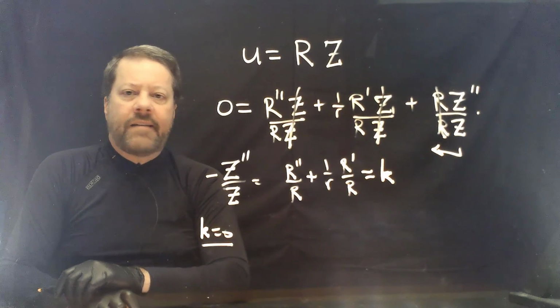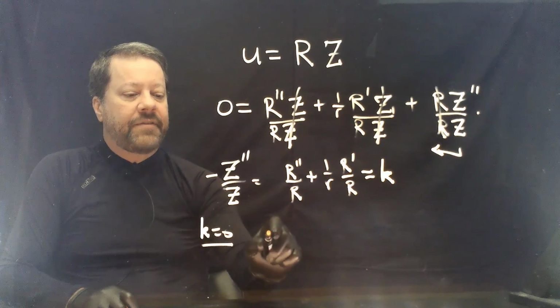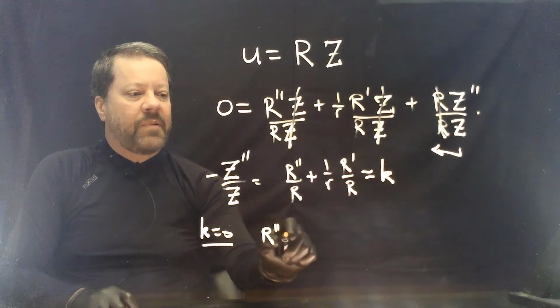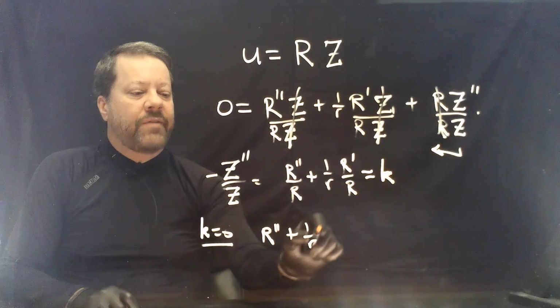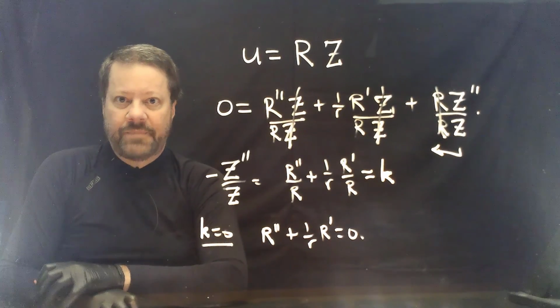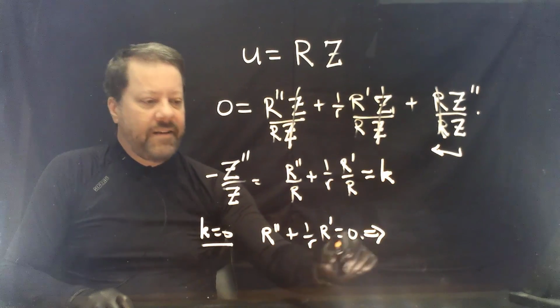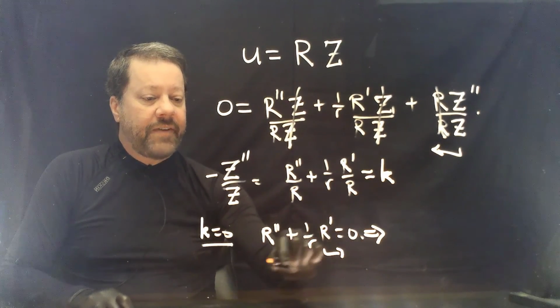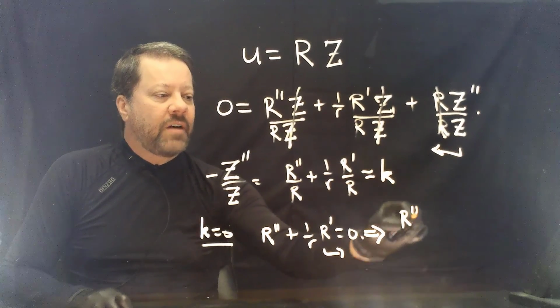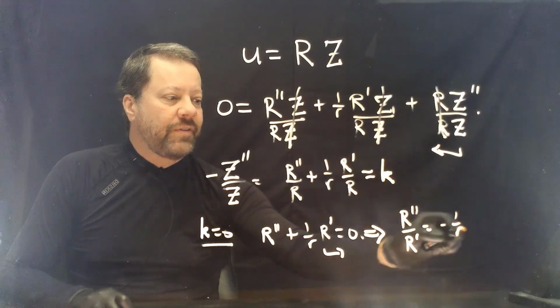You can see then that if k is equal to 0, then we'll have R'' plus 1 over r R' equals 0. If we move this term to the other side and divide by R', we'll have R'' over R' is minus 1 over r.